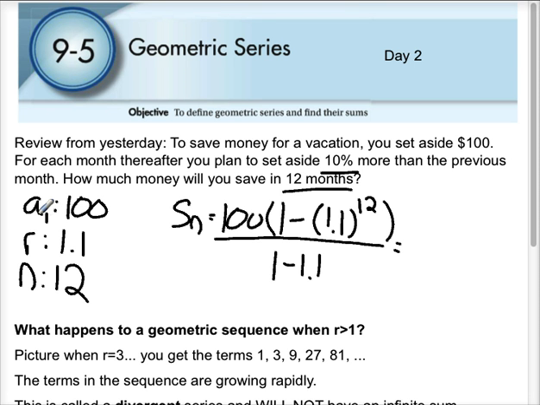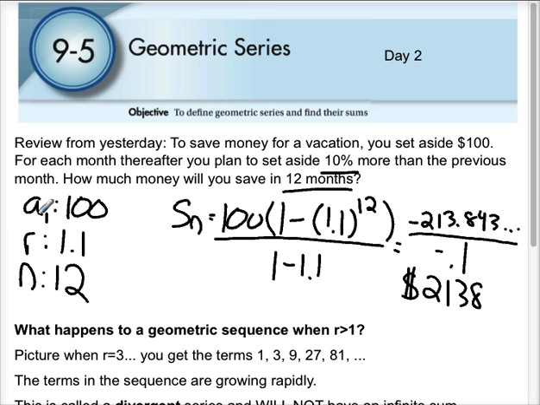So we are talking about negative 213.843, and so on. 1 minus 1.1 is negative 0.1, so I divide by that. How much money have they saved? $2,138.43.